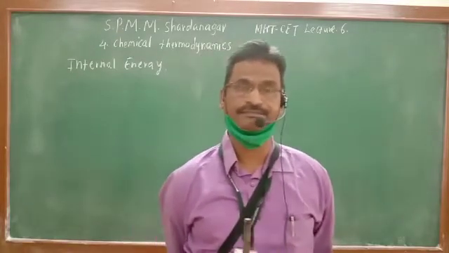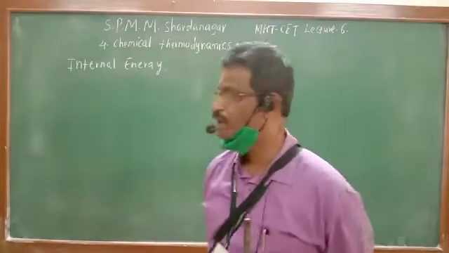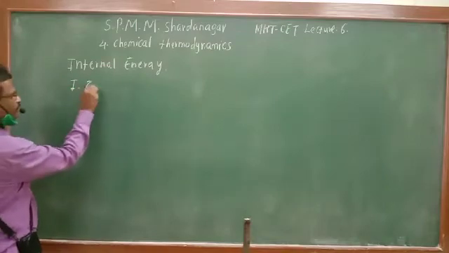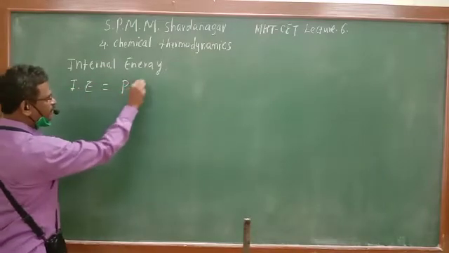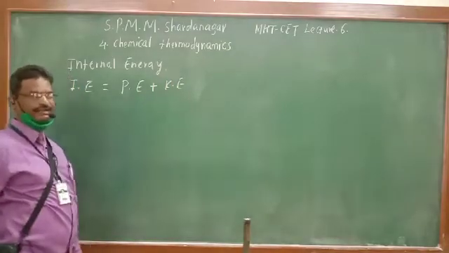So they possess a certain quantity of kinetic energy, and still they are stable. Particles are stable, which means they also have potential energy. So internal energy is the summation of 2 forms of energy known as potential energy and kinetic energy.